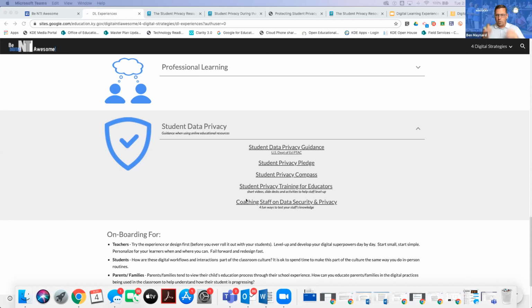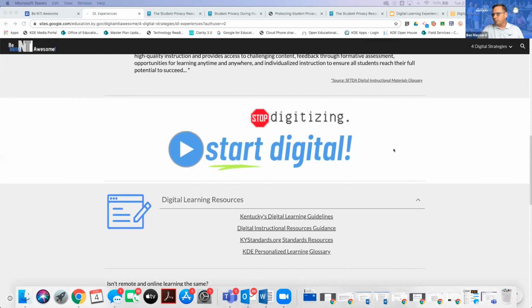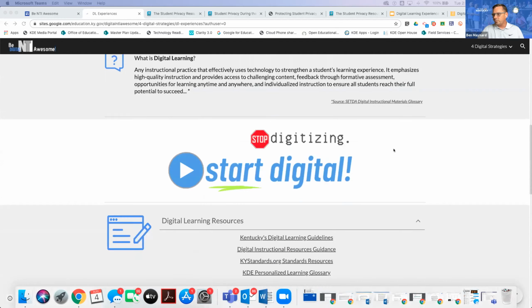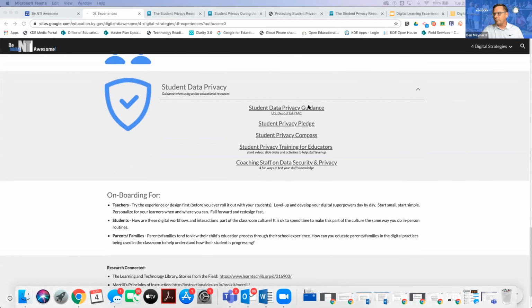But we did want to provide some resources to get folks started as everybody's looking to ramp up and go. On the digital learning experiences page, I wanted to roll down to student data privacy. This first link, and I won't necessarily click on it, is an overarching umbrella of things that you can be involved in during this process and look-fors, and that's from the U.S. Department of Ed.